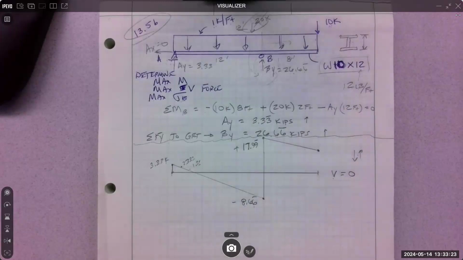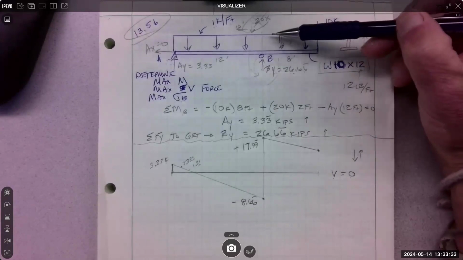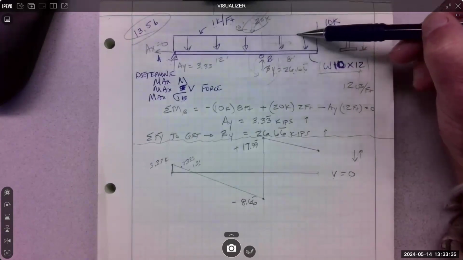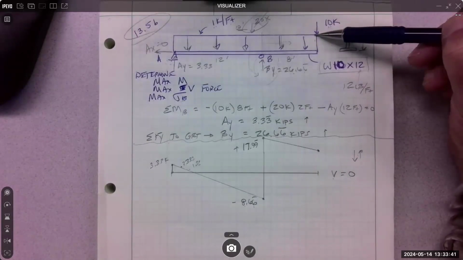Yep. Why is it 8 kips if it's 10K? It's not, we have not seen the 10K yet. We're going from here to here, all the way to it, but not quite to it yet. Infinitely close to the 10K, but not quite to it yet.